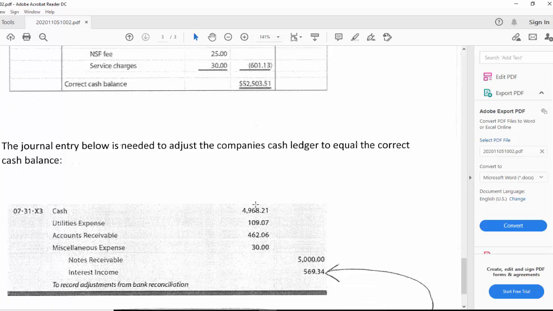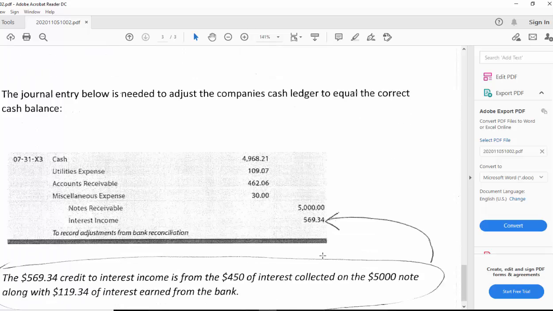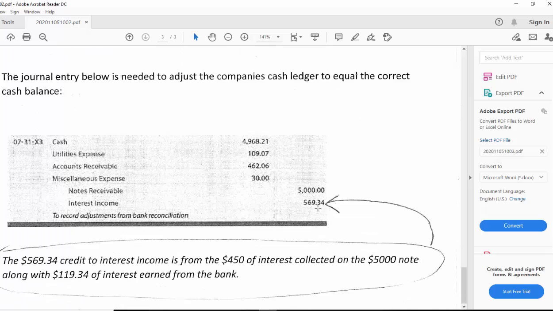We had that service charge. We need to record that as an expense. We received, it says up here in the notes at the top, $5,000 was a notes receivable and $450 was interest, right? And we also had the $119.34 of interest we earned from just leaving our money in the bank.